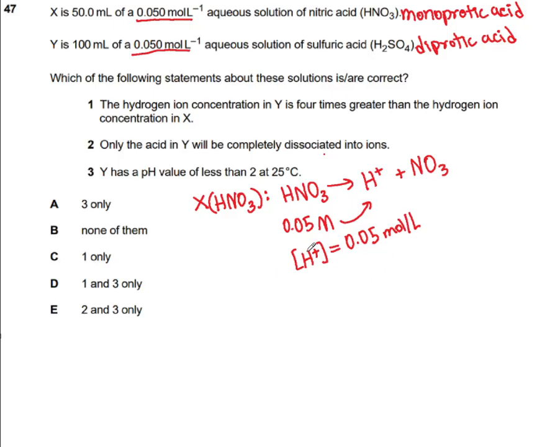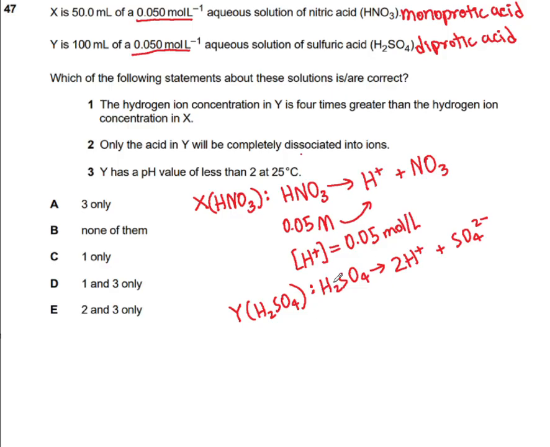So this is the concentration for nitric acid, and for Y, which is sulfuric acid, we'll draw the formula. H2SO4 gives out two protons and one sulfate. So now we know it has two protons, two hydrogen ions.